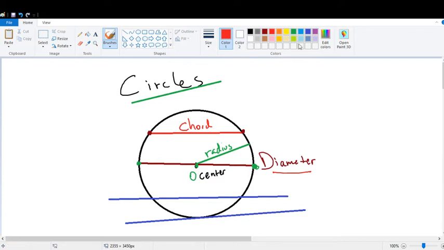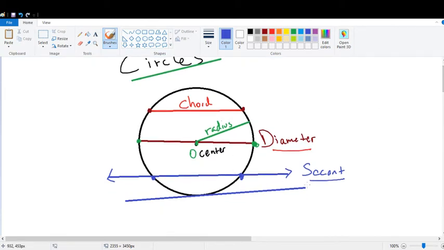If we have a line that goes through the circle, meaning it intersects the circle at two locations, we call this a secant. And the difference between a secant and a chord is that the chord is only a segment. The secant is actually a line that goes through.